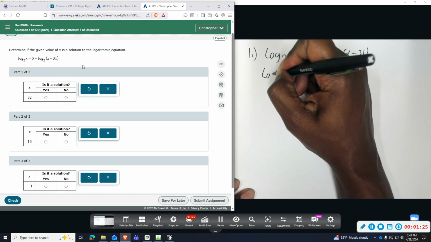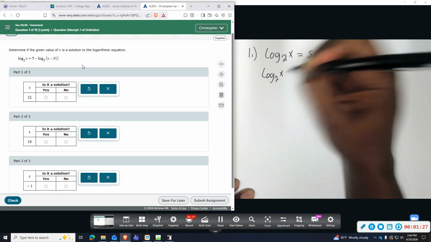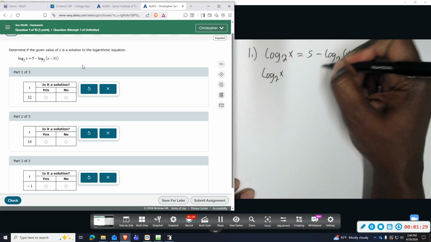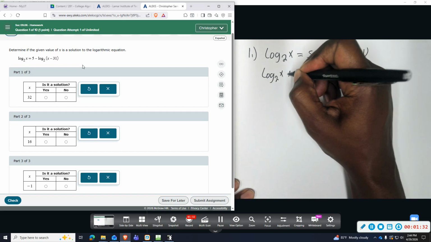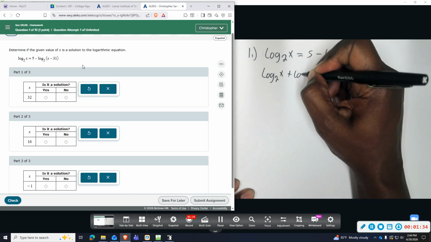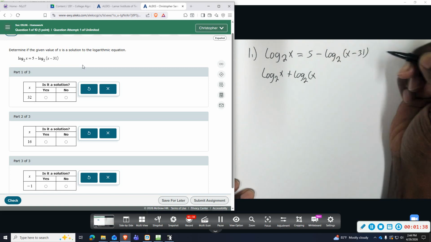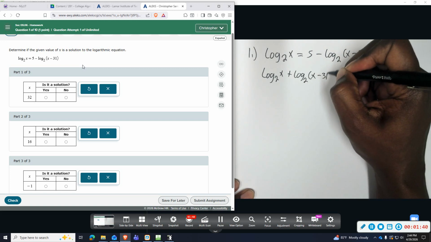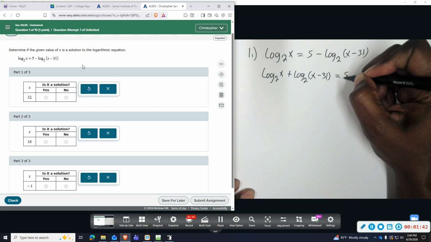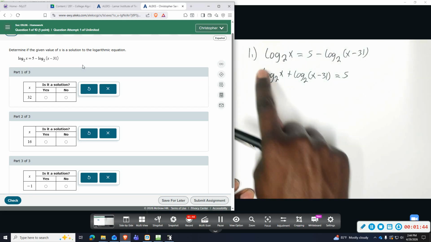So this will give me log base 2 of x plus log base 2 of x minus 31, equal to 5. I just move this expression over and change signs.